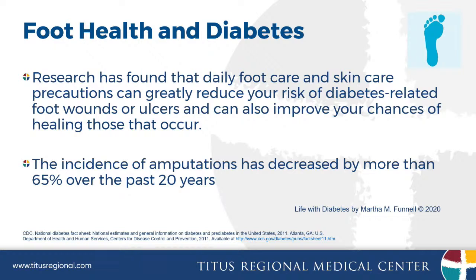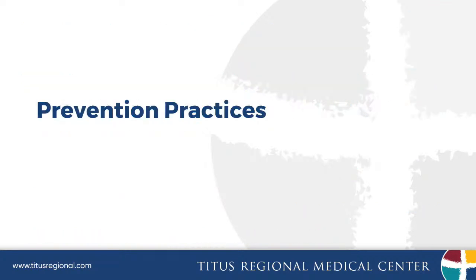Research has found that daily foot care and skin care precautions can greatly reduce the risk of your diabetes-related foot wounds and ulcers, and it can improve the chances of healing those if they occur. The incidence of amputation has decreased more than 65% in the past 20 years.